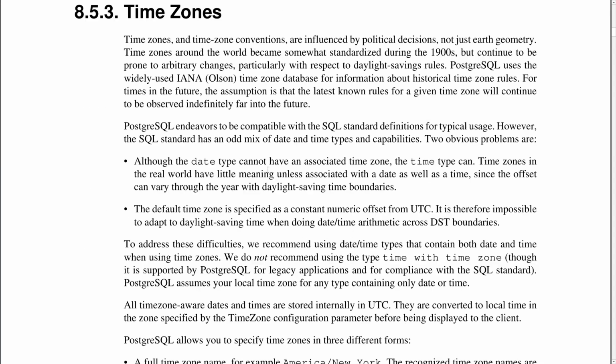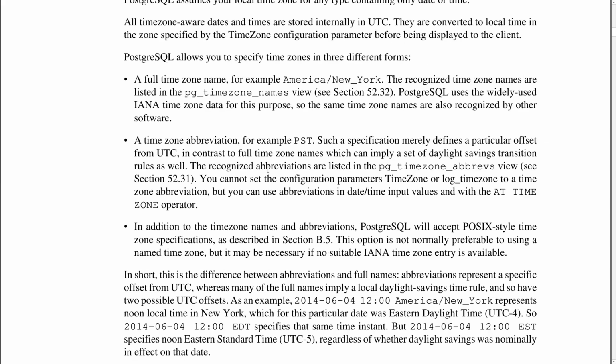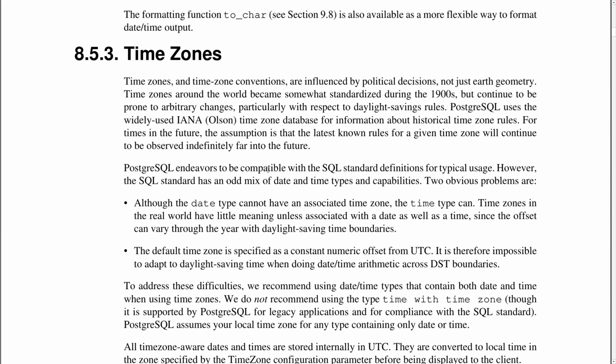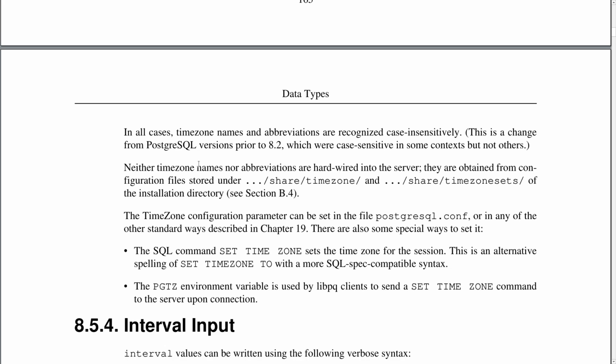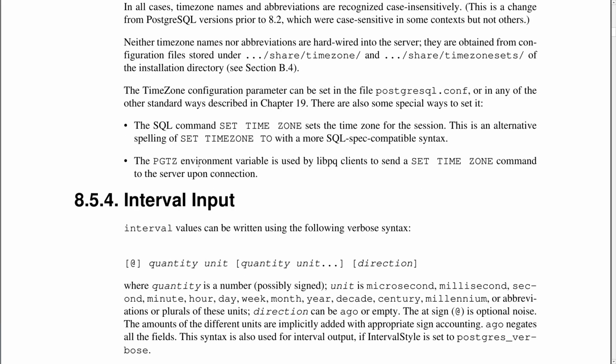Now time zones, I don't think we need to care about this a lot, but you must be careful with time zones which have daylight saving time because that can cause surprises. But in general, let PostgreSQL handle this. There is not much useful information here because internally it is UTC.